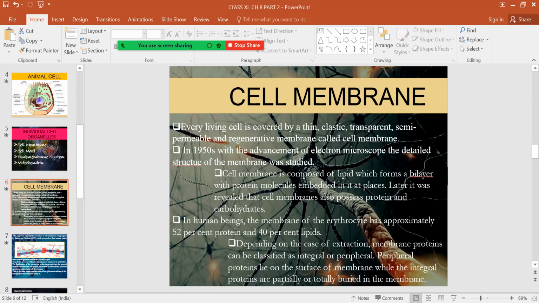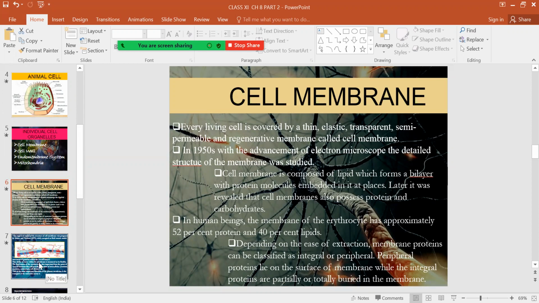The cell membrane is composed of lipid which forms a bilayer, that is two layers of lipid, with protein molecules embedded in it at places. Later, it was revealed that the cell membrane also possesses carbohydrates at some places. In human beings, the membrane of the eukaryotes has approximately 52% of protein and 40% of lipid.